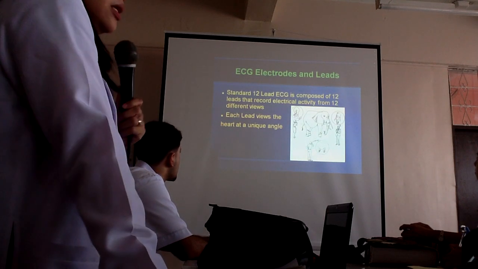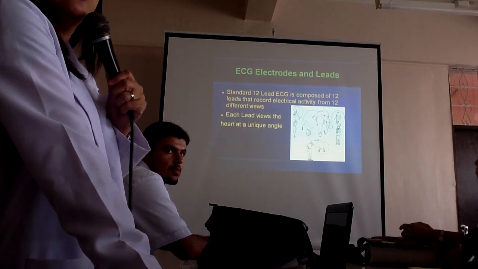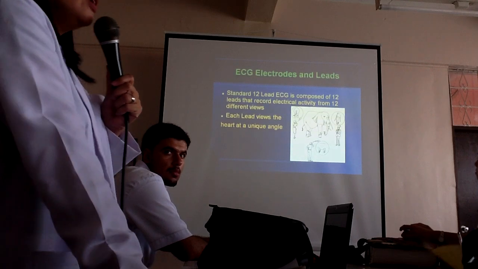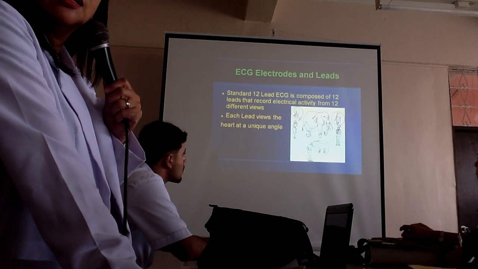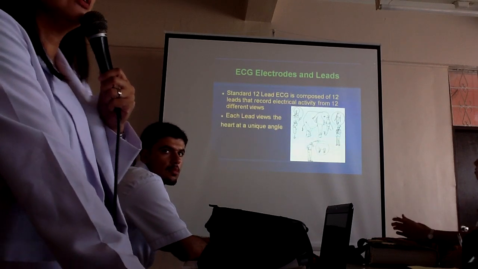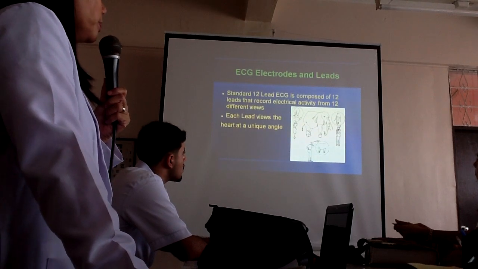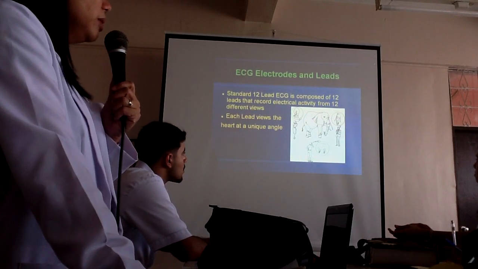So if you're standing, Mr. Benito, if you're standing in front of the elephant, what do you see? What do you see? In front of the elephant, what do you see? The trunk. Okay. Miss Oven, if you're standing behind the elephant, what do you see?